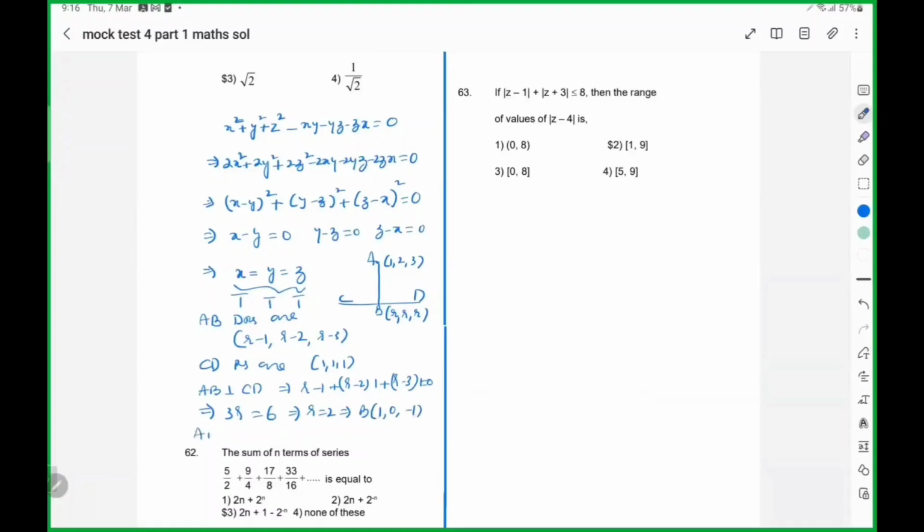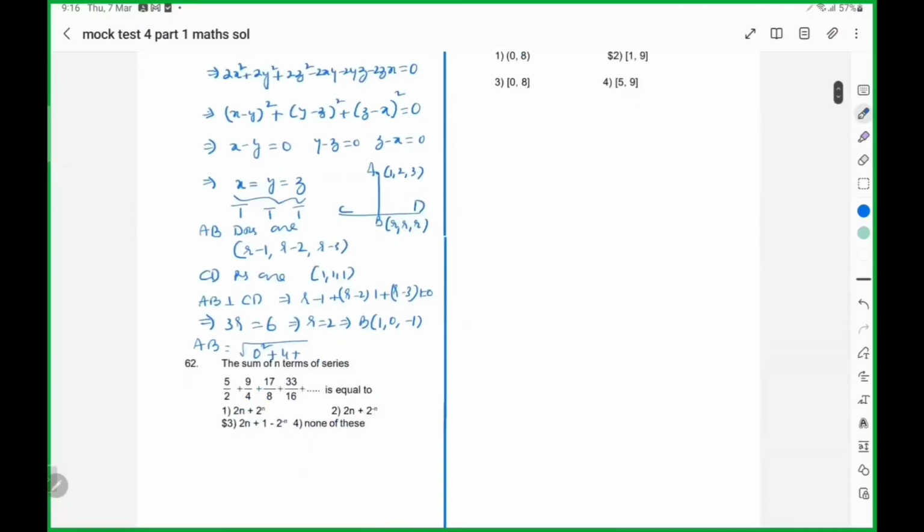Then the shortest distance is AB, 2 minus 0 whole square.